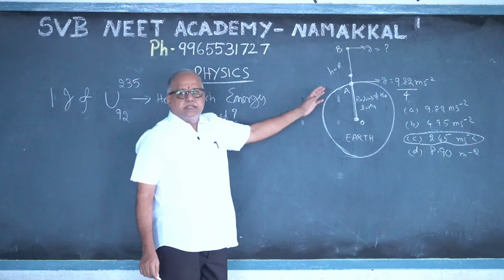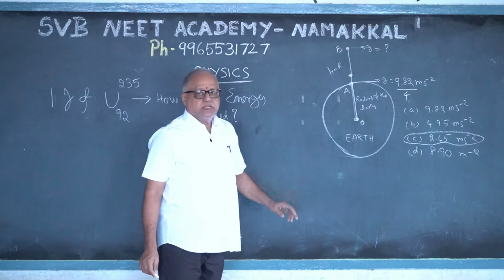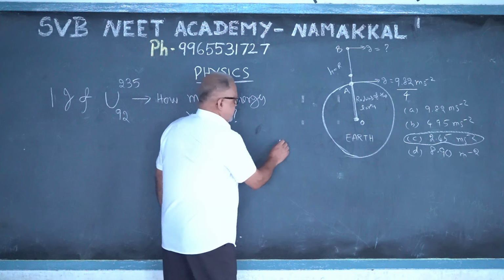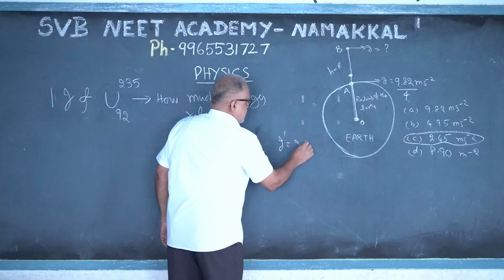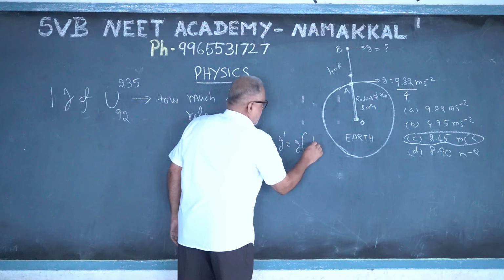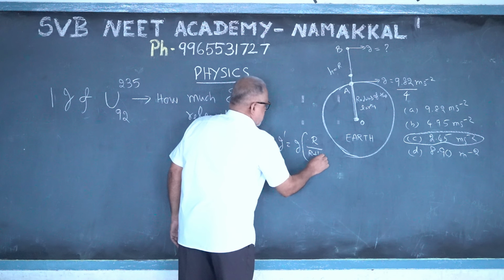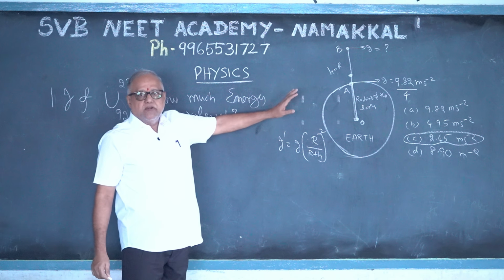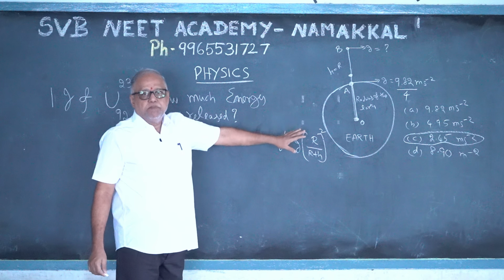Here I am dividing this number by 4. What is the reason for that? I will introduce the formula for you. g dash is equal to g into R by R plus h whole square. This is the formula we use to calculate for altitude. That is very important.